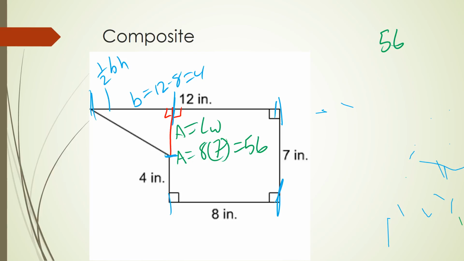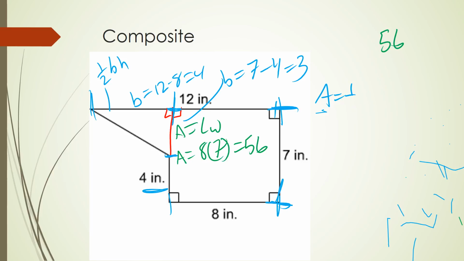And we also know that the height over here, again, we are dealing with the whole minus the extra, which in this case is 4, so the whole is 7, and we're taking out that 4. So 7 minus 4 is of course 3. So we know that the area of the triangle is equal to 1/2 the base times the height.